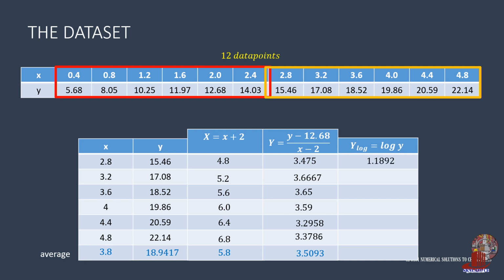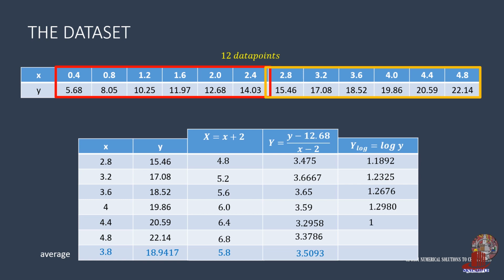we get 1.1892 for the log of 2.8, then 1.2325 for the logarithm of 3.2. Next is the logarithm of 3.6 as 1.2676, and 1.2980 for the log of 4.